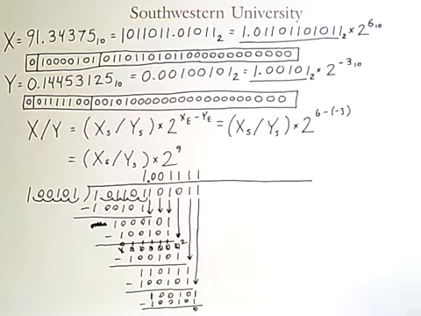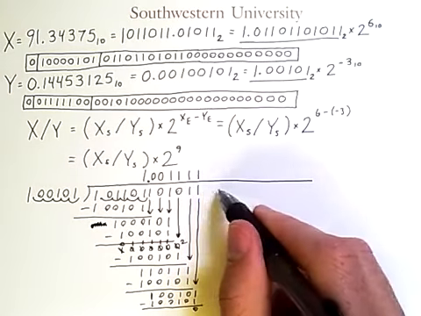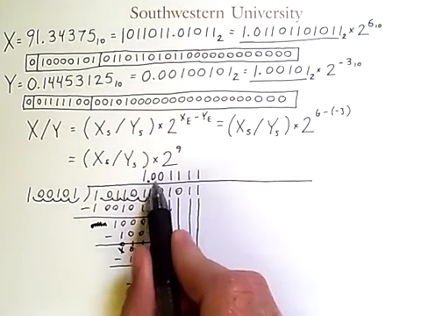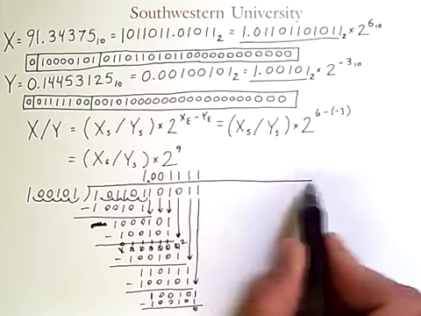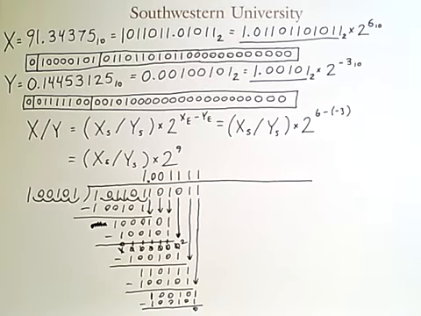Now, if I hadn't been done, I could have padded the right side of this with more zeros and continued as long as I needed to, either until the division ended with no remainder, or until I surpassed 23 digits in this result past the binary point, since, of course, I can only store that many in my floating point representation anyway.